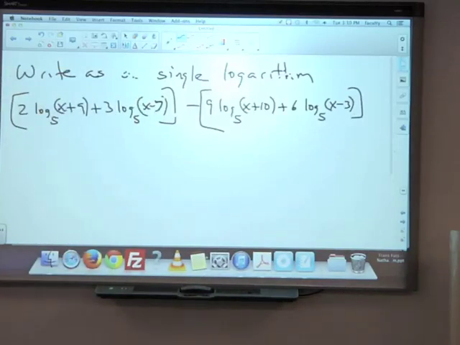Okay? I'm going to write this as a single logarithm. This way is easier. So it's going to be log base 5.